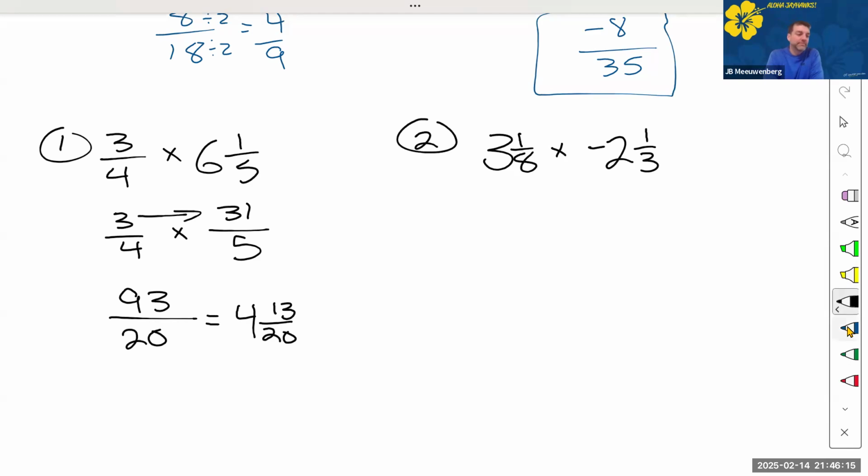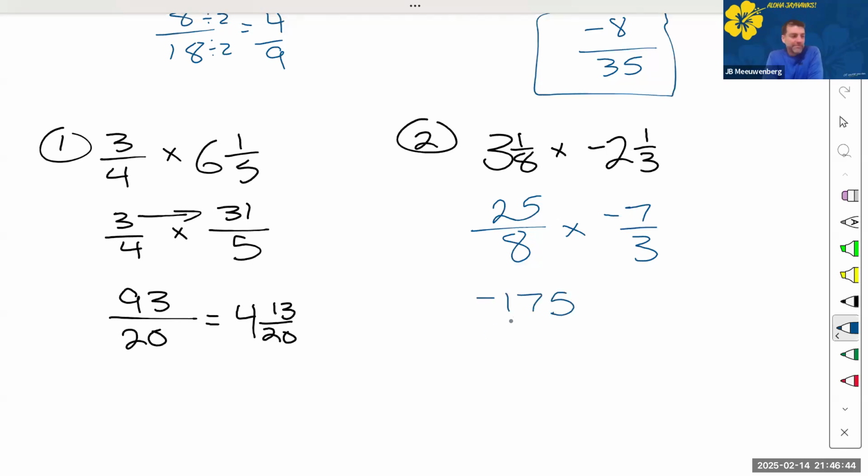I'll go ahead and work it now. 8 times 3 is 24, plus 1 is 25 over 8 times... same thing here. Remember, just ignore the negative. 3 times 2 is 6, plus 1 is 7/3, and then go ahead and put that negative back in. 25 times 7 across the top is 175.